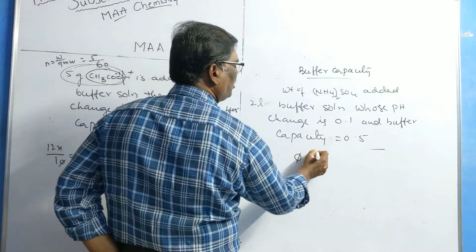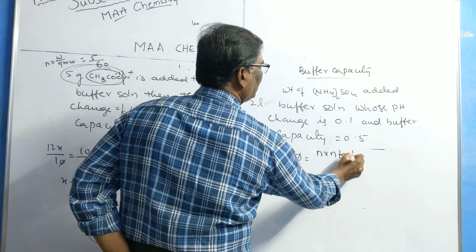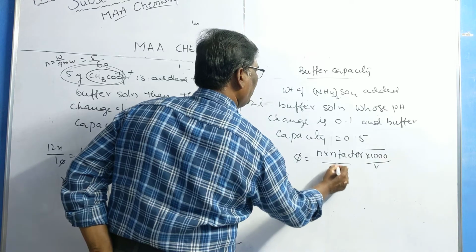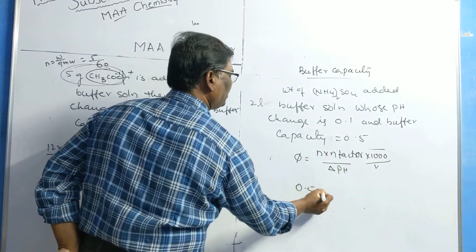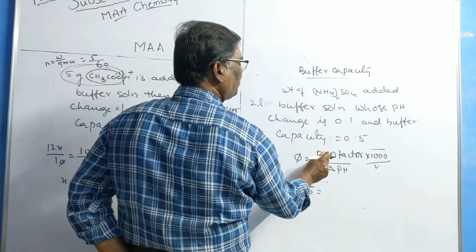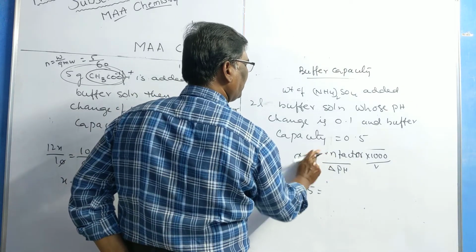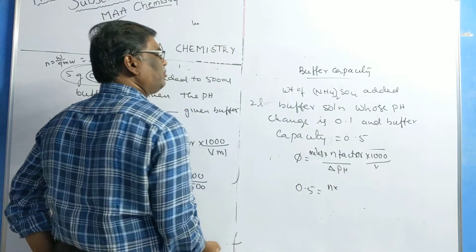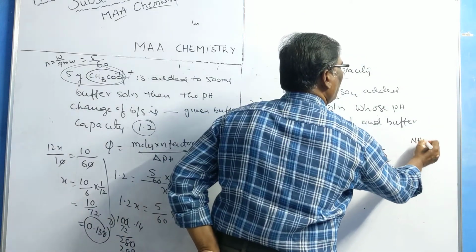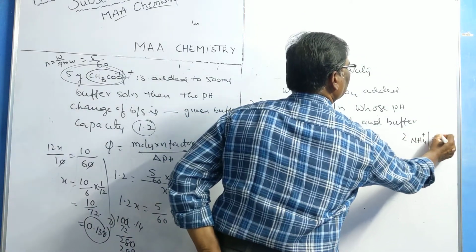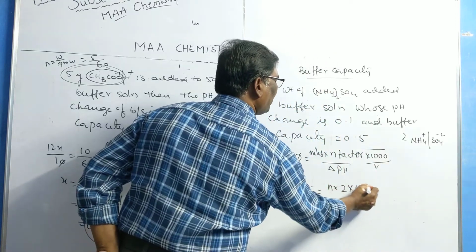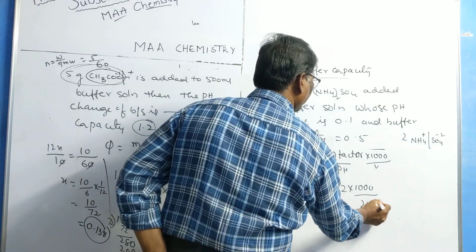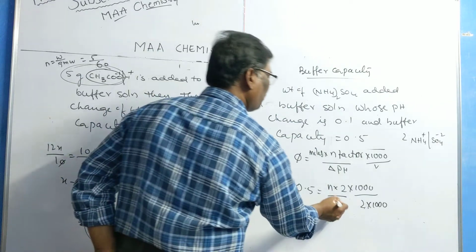You know buffer capacity equals moles into n factor into 1000 by volume into change in pH. Buffer capacity is 0.5. Moles we don't know, so I am taking moles as n. So n into n factor. For ammonium sulfate, please remember 2 ammonium cations and 1 sulfate, so the n factor is 2, into 1000 by volume, which is 2 liters, by change in pH 0.1.